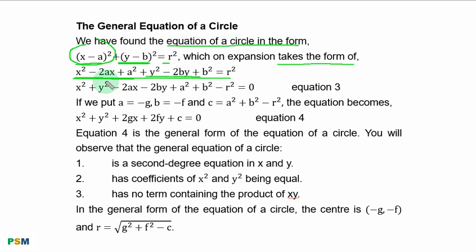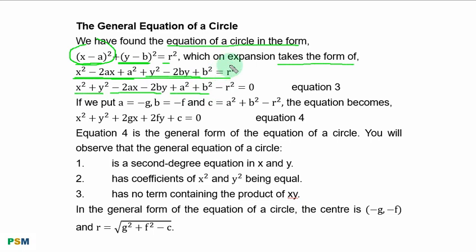Let's rearrange the result by taking x^2 + y^2, then the terms that contain x and y, followed by the constant terms.